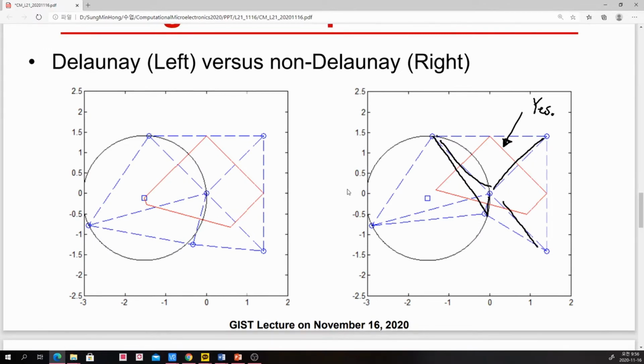Okay, if we consider this way, then it will be quite obvious to have 4 surrounding nodes. Then we will get the position like this.